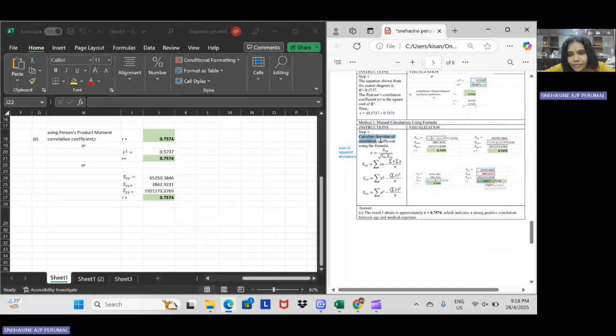Instruction: calculate the value of the correlation coefficient using the formula. Okay, this is the last step. So this is the formula to find R: Sxy divided by the square root of Sxx times Syy.